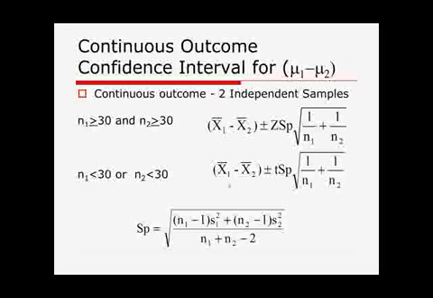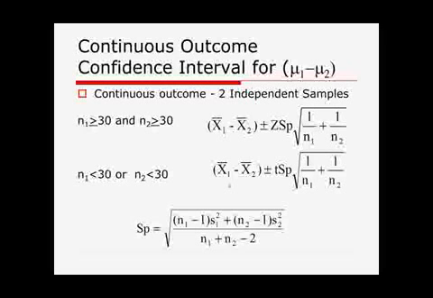Now, Sp here, at the bottom, represents what we call the pooled estimate of the sample variance, of the standard deviation. So it's a pooled estimate of the common standard deviation. And all it's doing under that square root, that formula at the bottom, is putting together a weighted average of the two sample variances. Someone asked, what's the difference between a standard deviation and a variance? The standard deviation is the square root of the variance. We generally calculate the variance first, and then we take the square root to get back to our original units.